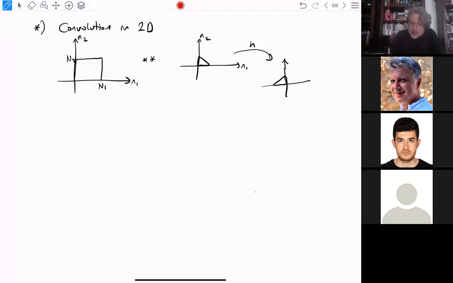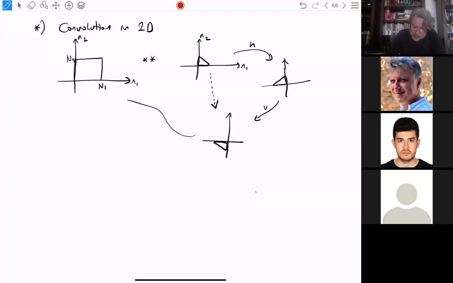So this is horizontal folding, but a vertical flip is also necessary. So by vertically folding again, you will now come up with this shape, okay? So in short, you will fold it twice around the origin or something like that to come up with this one.